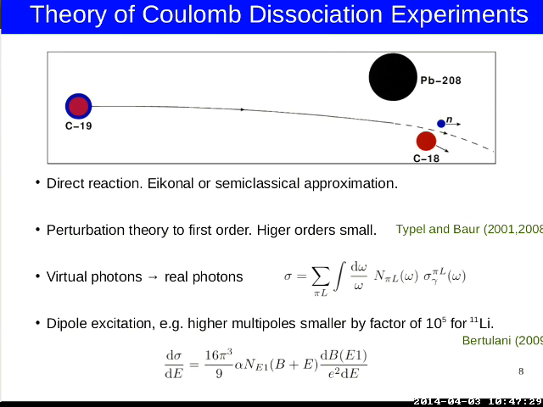And E is the relative energy of the fragments after breakup. So that would be the photon energy. And that's the square of the reduced matrix element. It's called the reduced transition strength for the E1 operator. It's just the square of the reduced matrix element of the dipole operator between an initial state, which is a bound state, and a final state in the continuum.